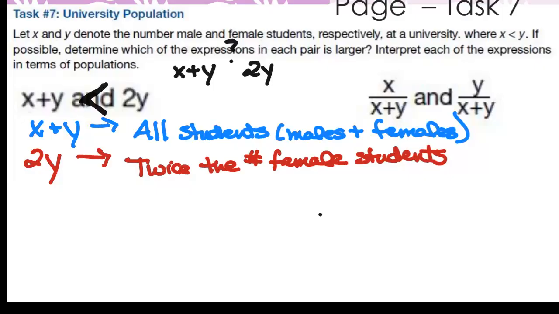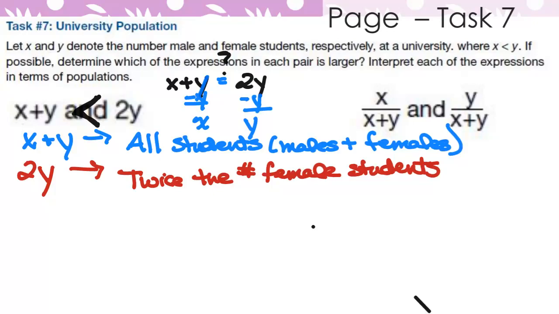So you can actually solve this algebraically. If you take a look up here, and I'm saying equal for now just to show, if I take away a y from each, I'm left with x and one y. And they already told us that x is less than y, so that's why x plus y is going to be less than 2y.